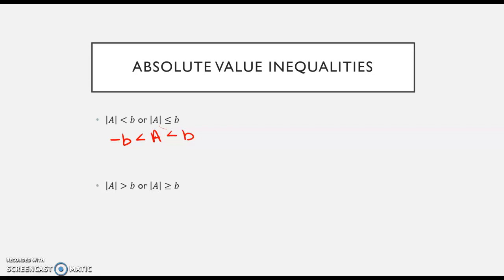And then our graph will have negative B, 0, and positive B. Our graph will be our Baymax eyes, where we have the two circles and the line connecting them in between.